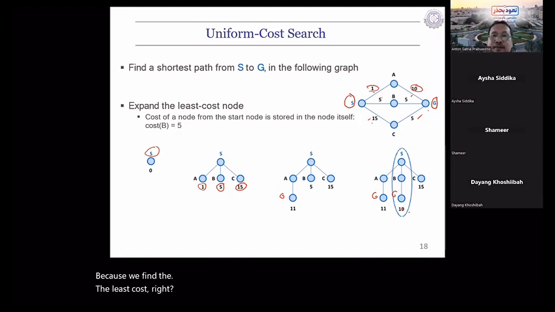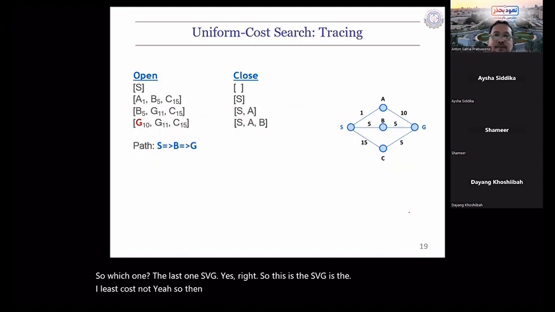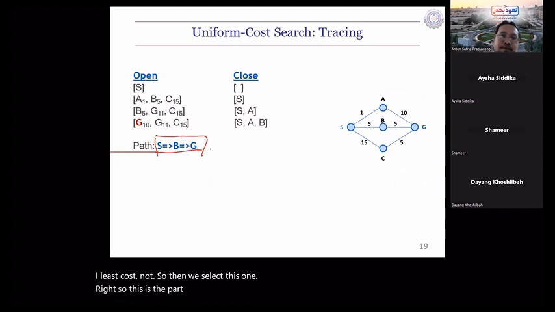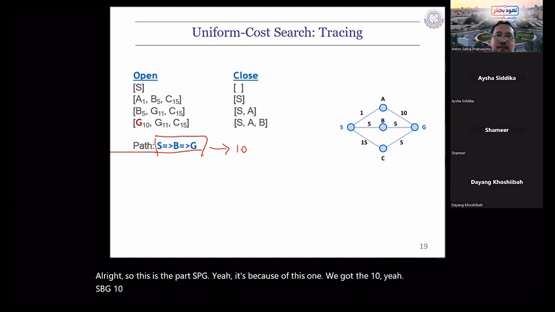So which one is the least? SBG. So SBG is the least cost node, so we select this one. This is the path SBG, because of this one we got the 10. SBG 10. So these are the process.